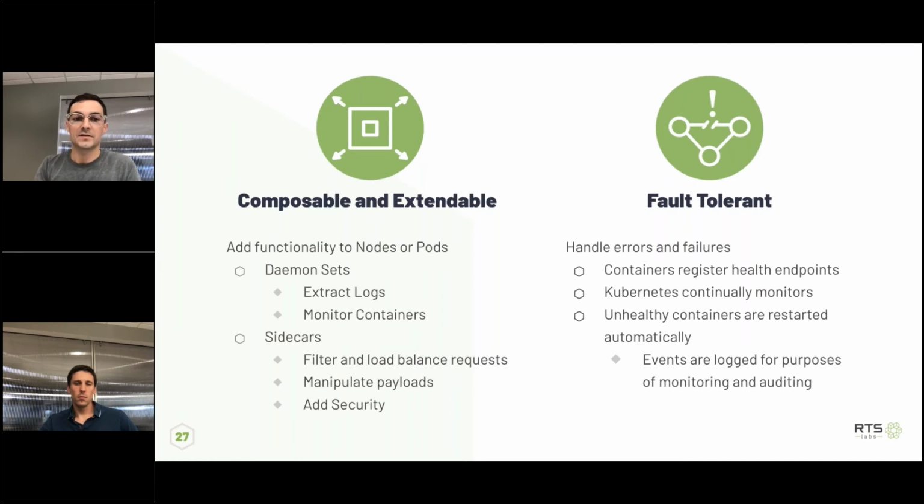So what about sidecars? Sidecars are a similar concept at the container level. When we talk about a sidecar container, what we're really talking about is a container that sits next to your existing application that provides additional functionality to that application. So if we think about a lot of legacy applications that maybe were built before it was really thought that, hey, I need to include some mutual TLS into my application logic.